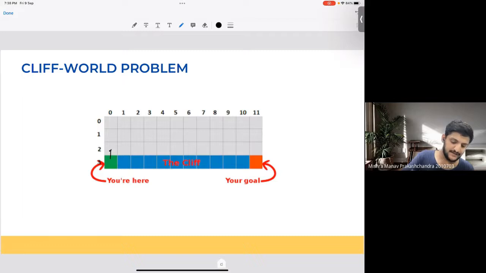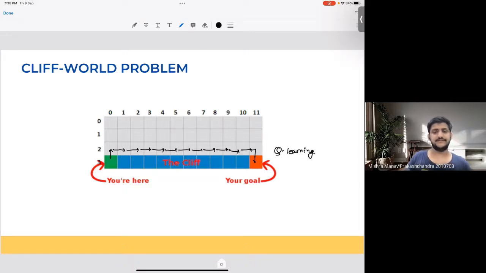So my Q learning algorithm gives me this particular path, so this is the path that I get from Q learning, because it doesn't care how many times you get a negative reward when you're trying to move around. It just cares for the optimal policy, because since there is no exploration, you try to take the best possible action and don't care about safety, right?